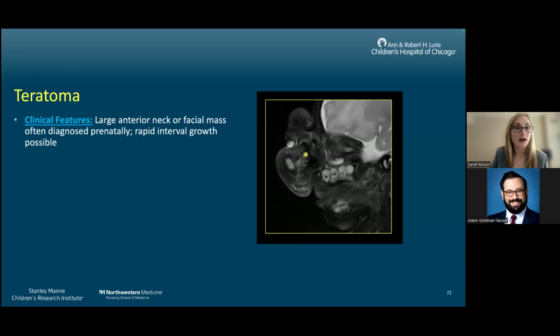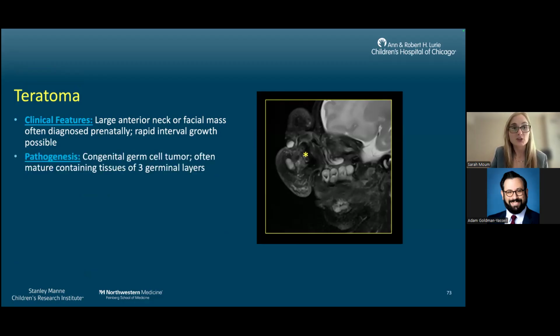Okay. And then the last entity we'll talk about in this differential will be teratomas. These can be mature or immature. On physical exam or in presentation, it'll be a large anterior neck or facial mass. Often when large, these will be diagnosed prenatally, and unfortunately, they can have rapid growth after birth.